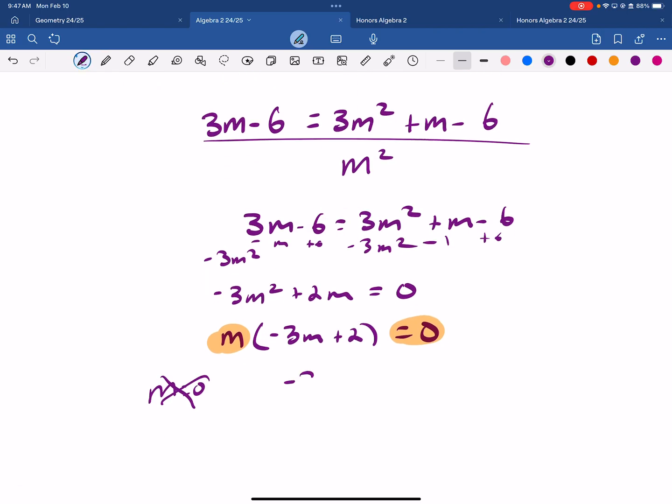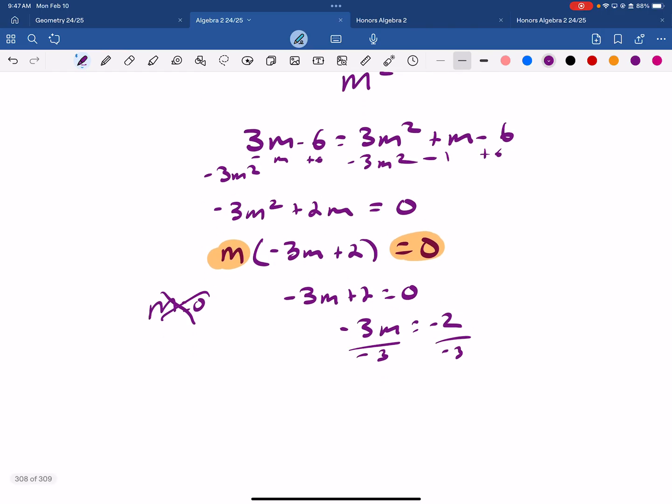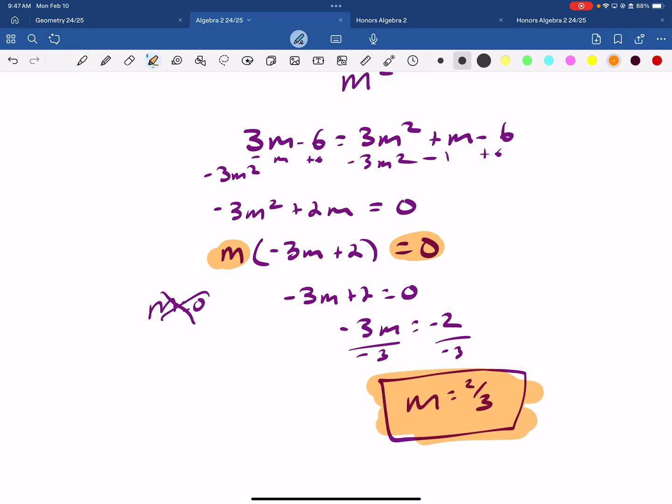And then our other solution would be negative 3m plus 2 equals 0. Subtract 2 and divide by negative 3. So m is equal to 2/3. And that is your only solution that works. M equals 2/3. 0 is that extraneous solution.